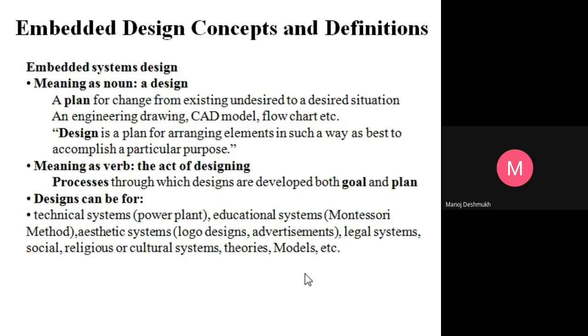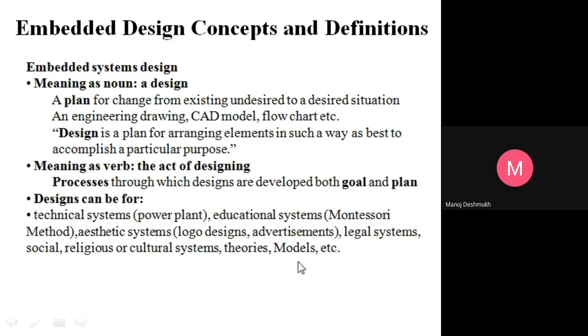In these cases we go with some aesthetic views, logo designs, advertisements. There also we may go for advertisement. Now we see digital advertisements on top of tall buildings, where videos and pictures are electronically moving left to right, right to left, up, down, whatever.